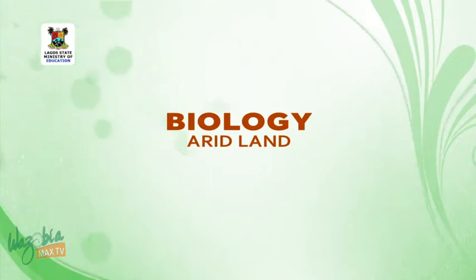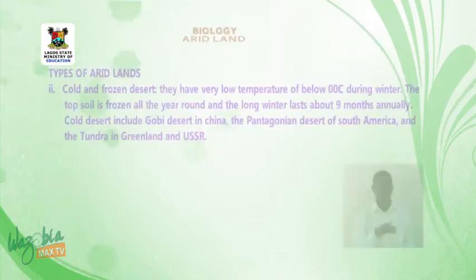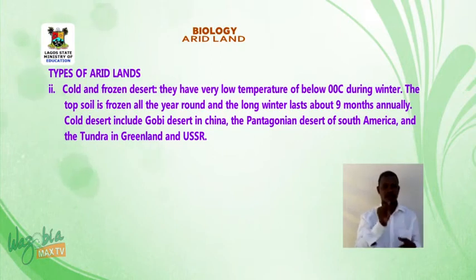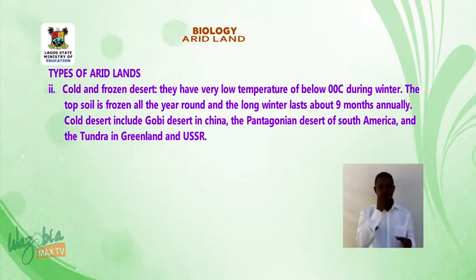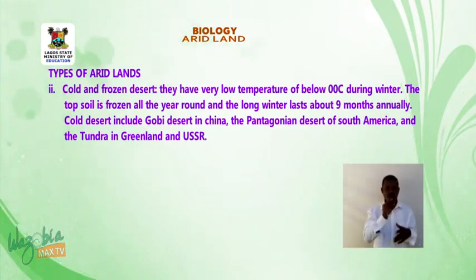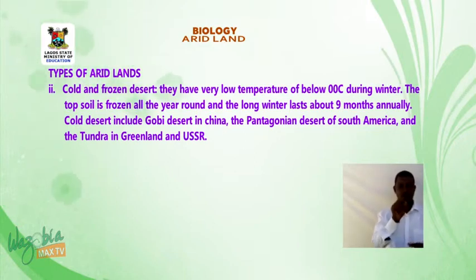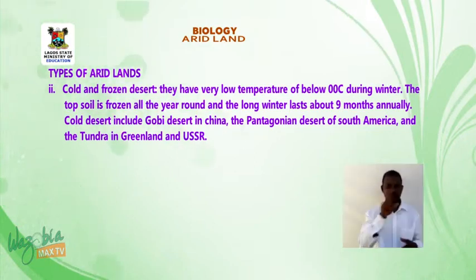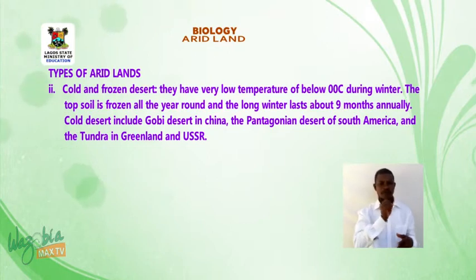Welcome back. We were talking about the types of arid land, and we mentioned hot and dry deserts. The second type of arid land is cold and frozen deserts.